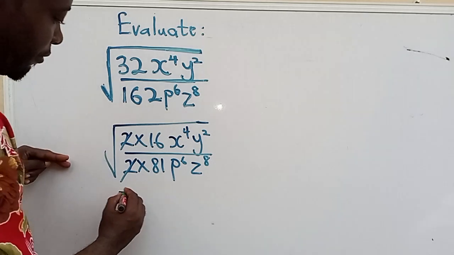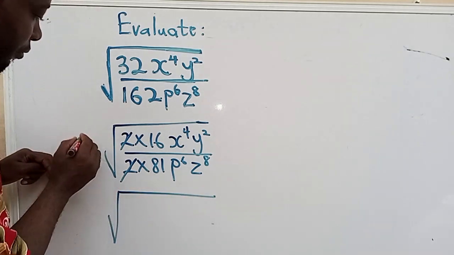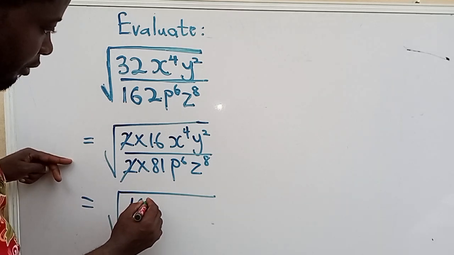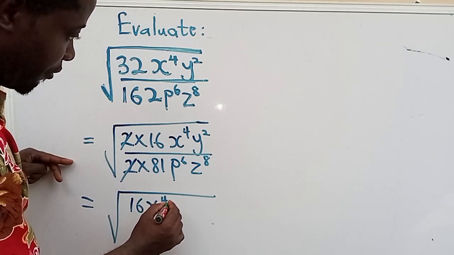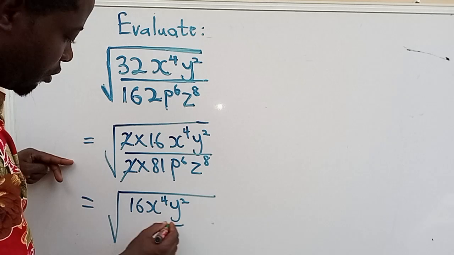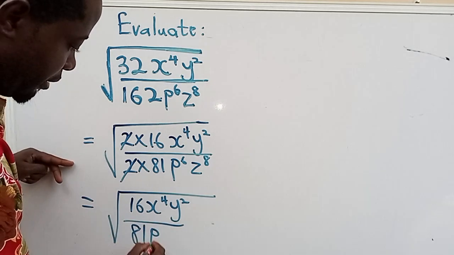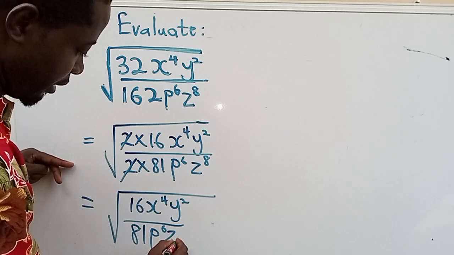Then I'm going to have 16 x raised to power 4 y raised to power 2 all over 81 p raised to power 6 z raised to power 8.